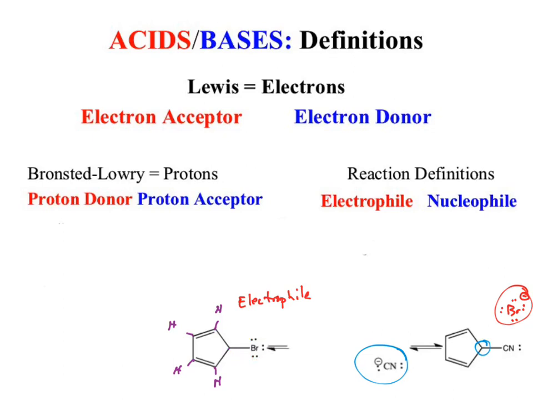No. What's the electrophile? The carbon's the one that's the electrophile. It's the one that's going to be accepting electrons through this, and where is it getting those electrons from? The cyanide. Our nucleophile, or our cyanide, which is going to share electrons in to kick that out.